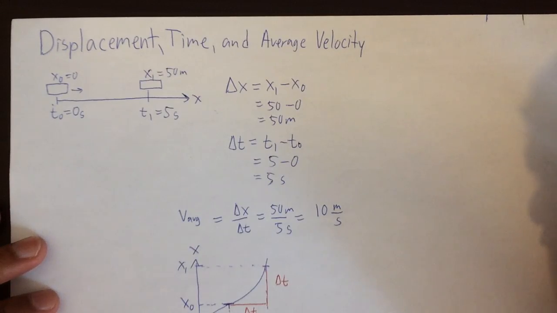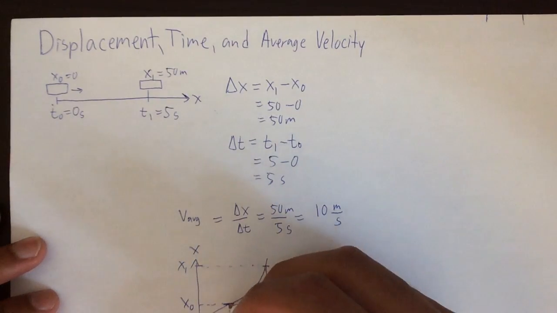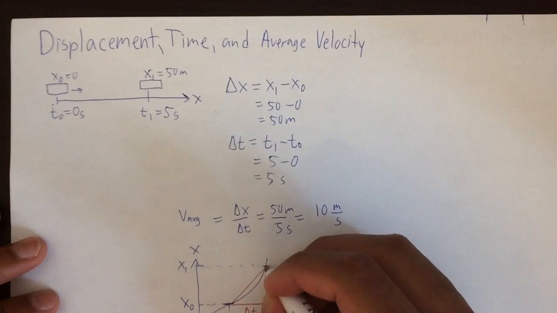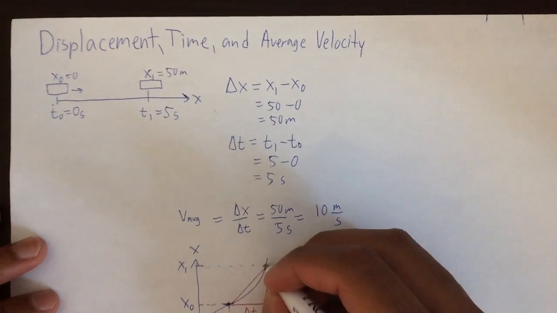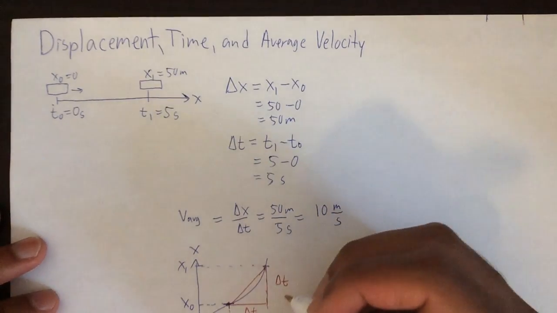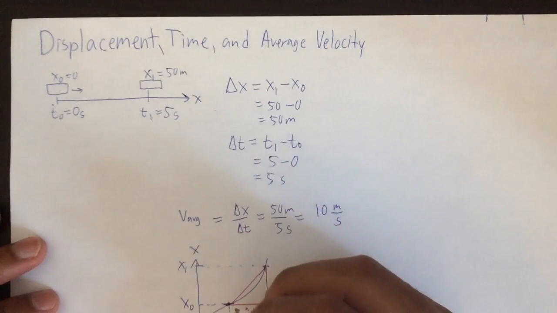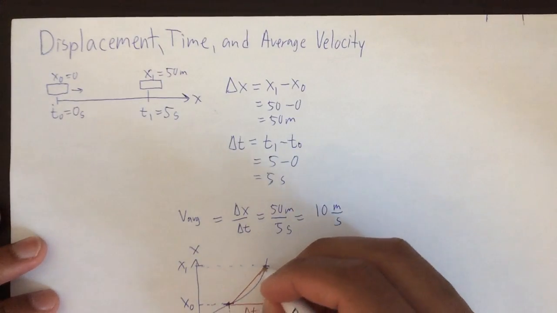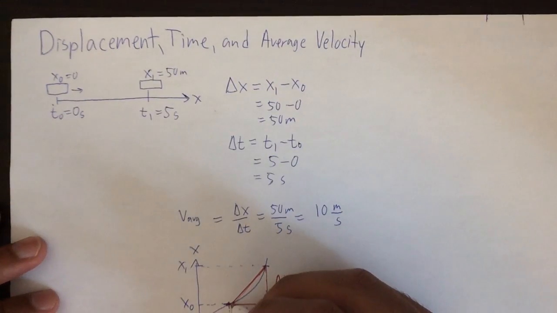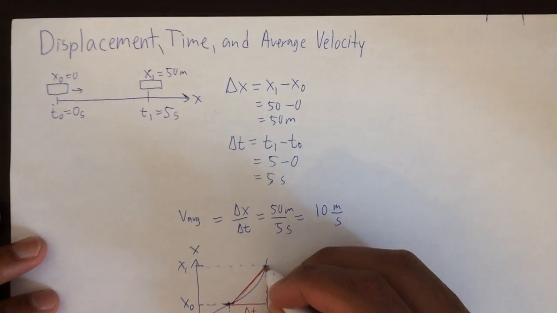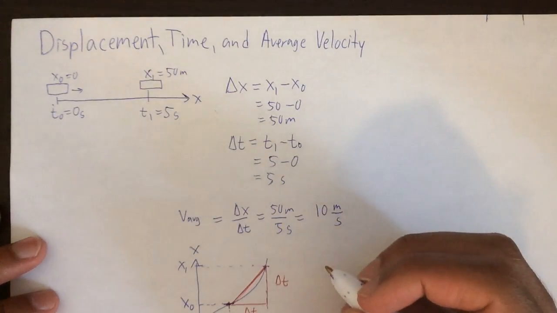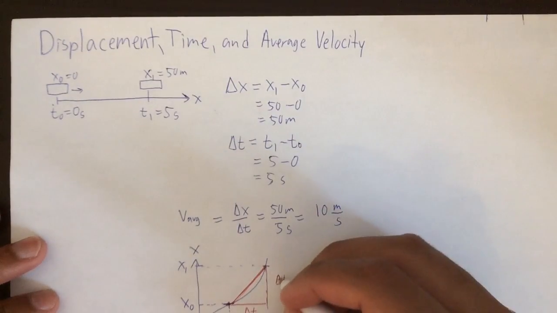So the slope, if you connect this point and this point of this line, oh sorry, this is a delta x.